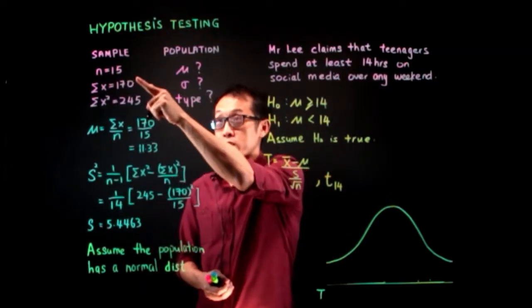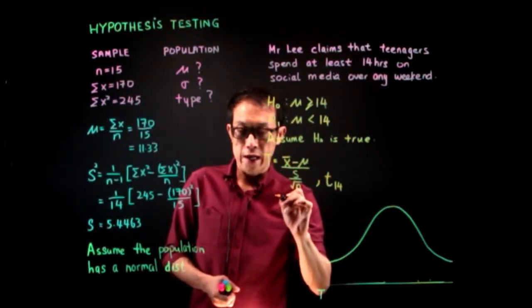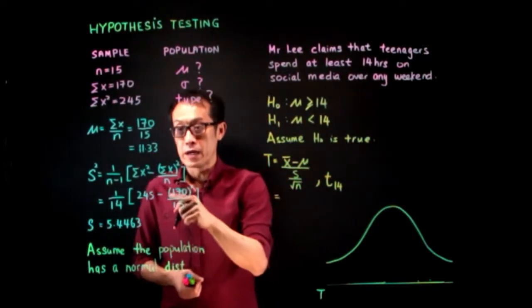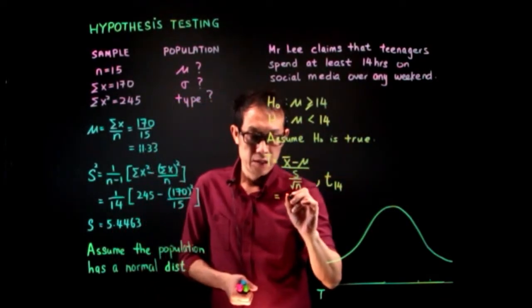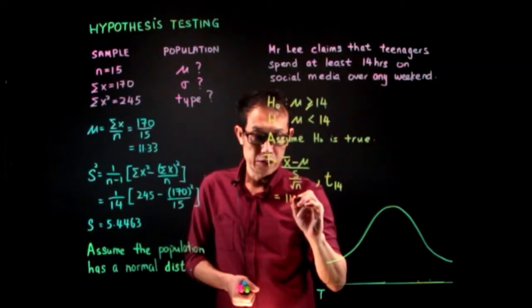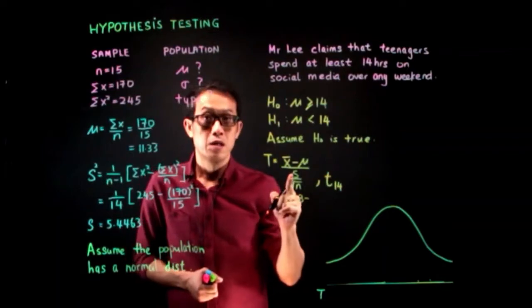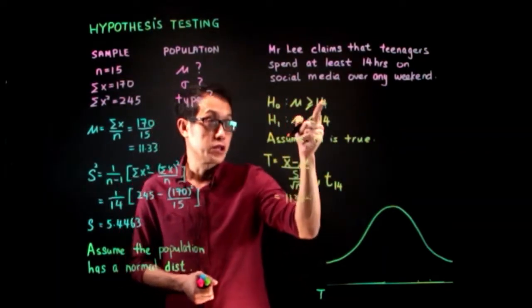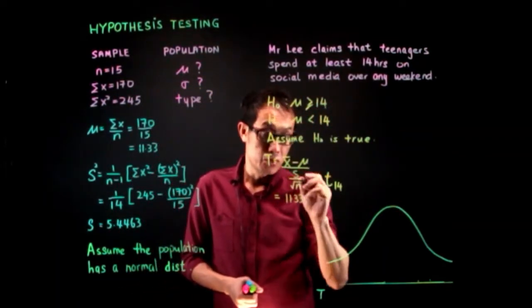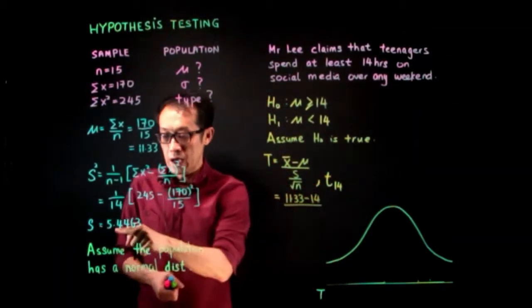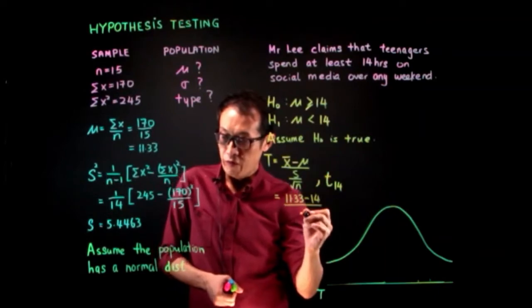So you just need to substitute your x bar, which is 11.33, minus your mu, which is 14, because you're assuming that H0 is true, over s, which is 5.4463.